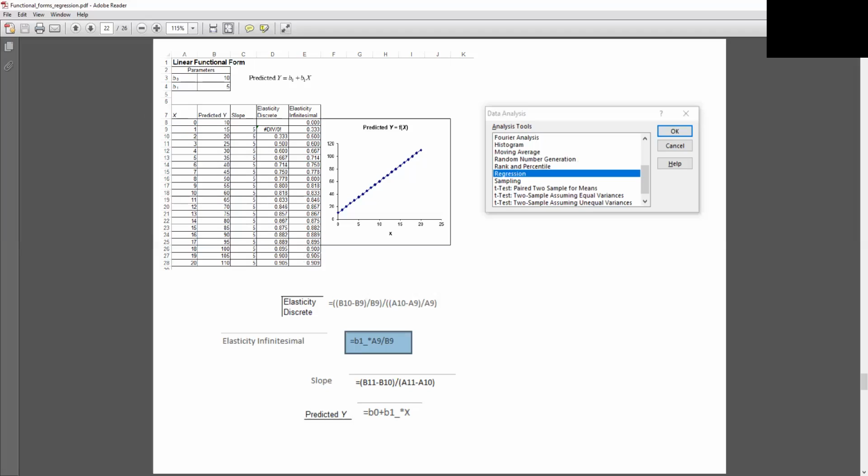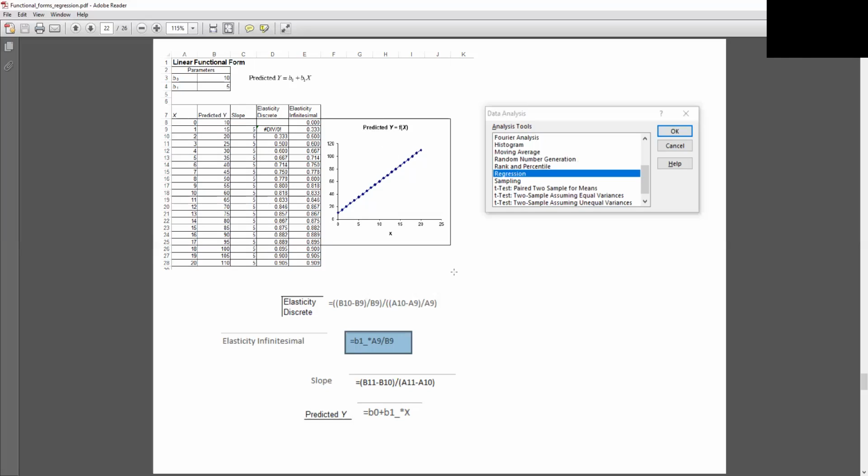For example, over here you can use the same beta 1 into X, that is 19, divided by Y, that is 105. You can get 0.905. Once you have obtained that, you can also show the line of predicted Y. You can show this SRL, the sample regression line, using the predicted Y.